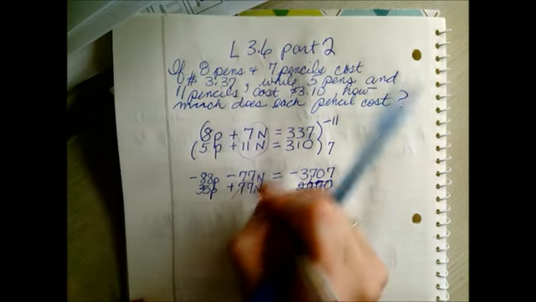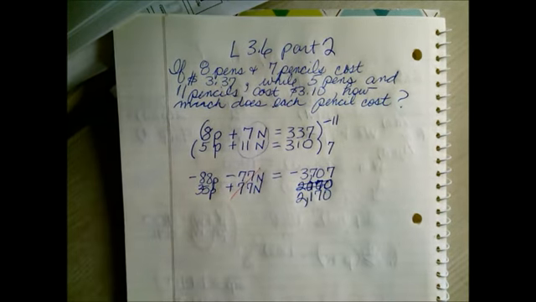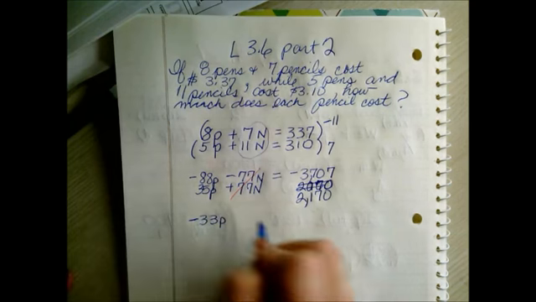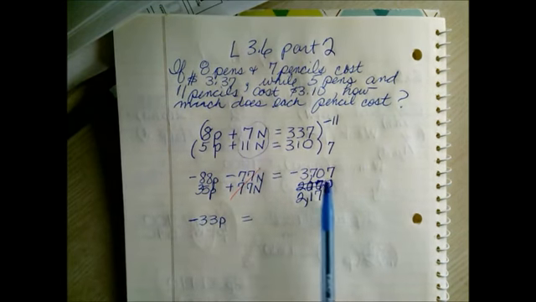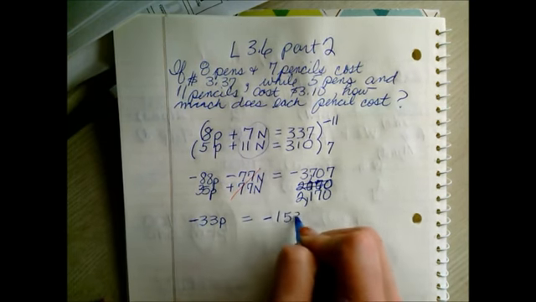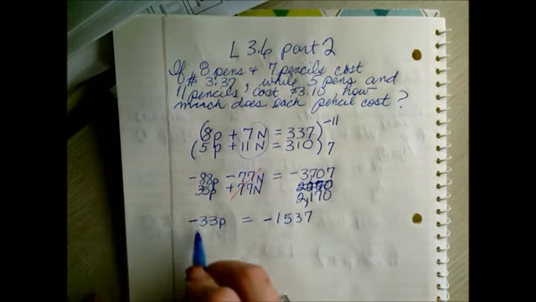The difference of 88 and 35. Did you come up with -33p? Equals the difference of -3707 and 2170. Somebody want to tell me what that is? I could do it myself, but you all have calculators. Divide that by 33.